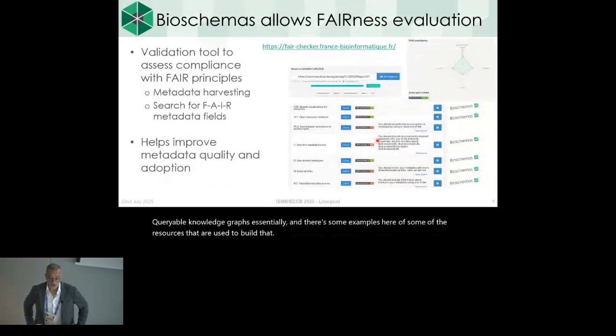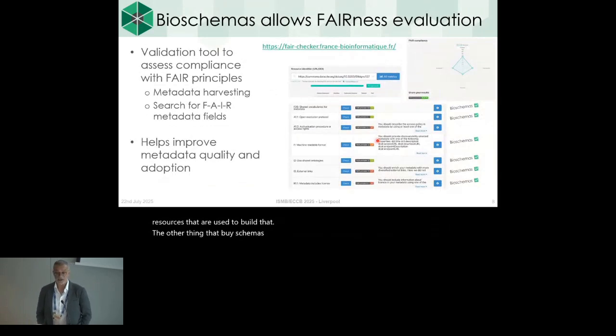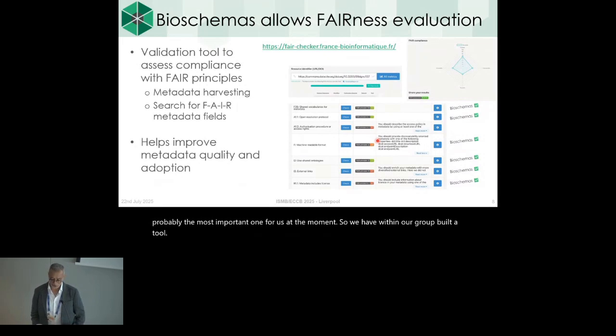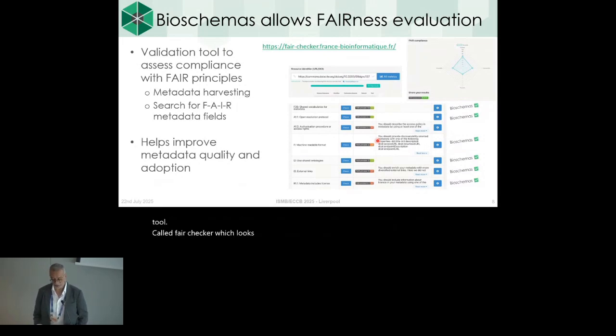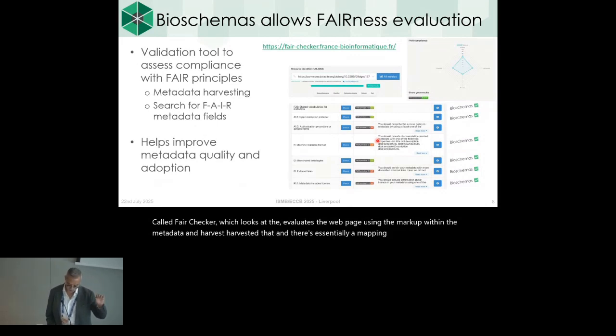The other thing that Bioschemas allows is the evaluation of FAIRness, which is probably the most important one for us at the moment. So we have within our group built a tool called FAIR-Checker, which evaluates the web page using the markup within the metadata, and harvests that, and there's essentially a mapping between the Bioschemas property and which FAIR principle that is.